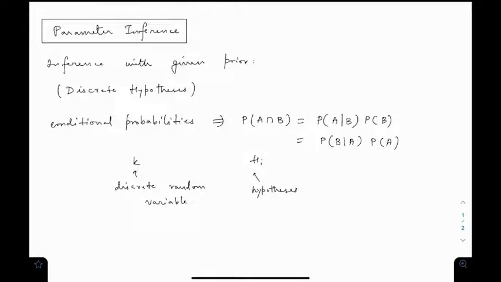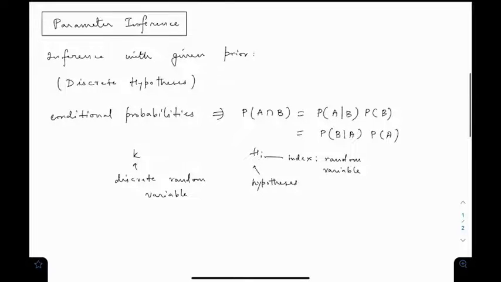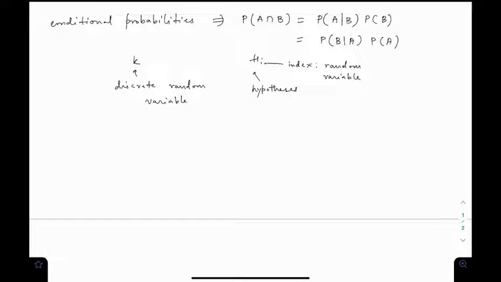This index i, which is denoting the hypothesis, is to be interpreted as a random variable itself. So we'll assume that the probability to observe K is given for a finite number of mutually exclusive hypotheses.